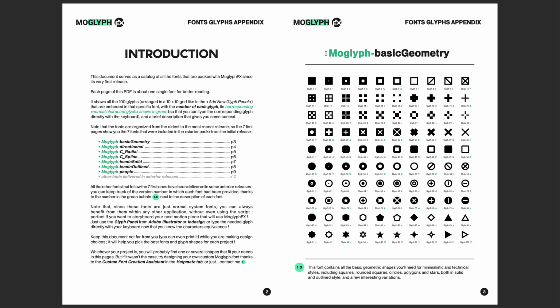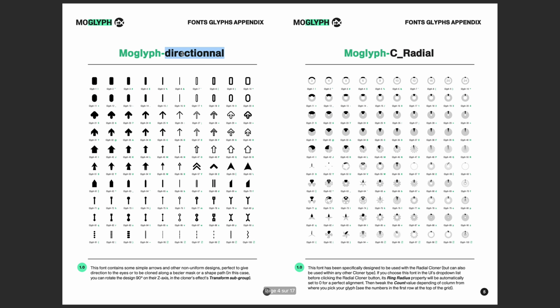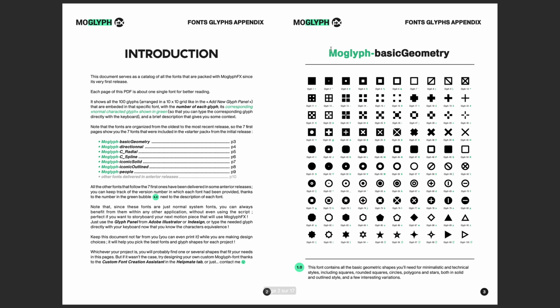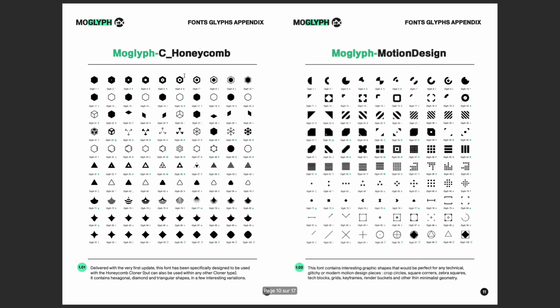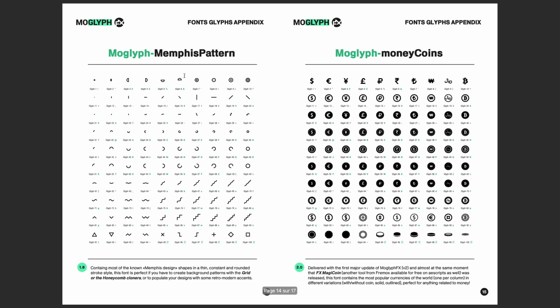Basically, you will find all the font names at the top of each page, again ordered by order of appearance in the different releases of the product. This was one of the first fonts, the basic geometry, and the next pages show you all the fonts that have been added later.